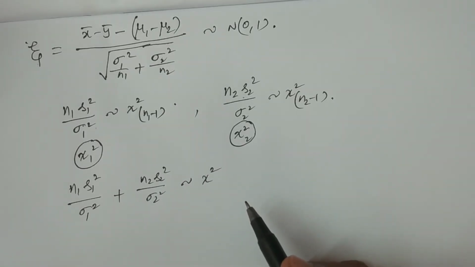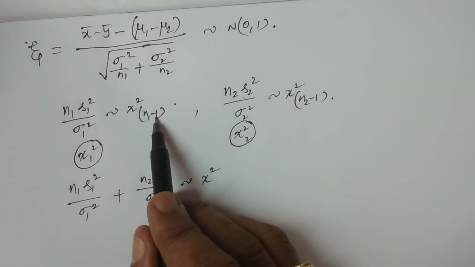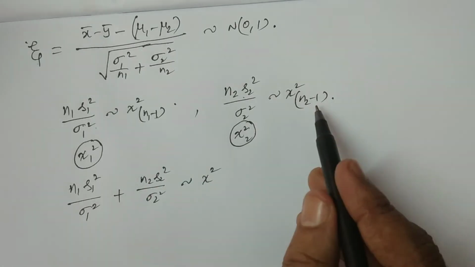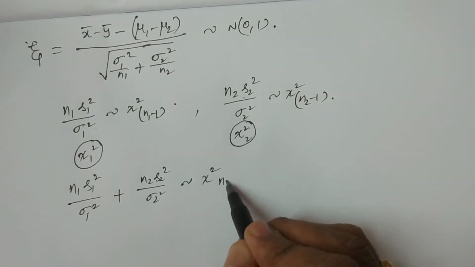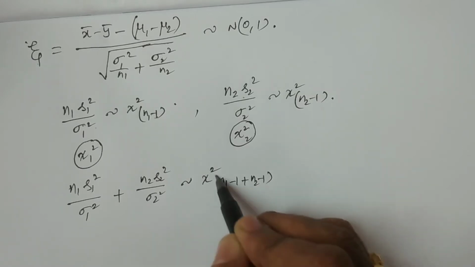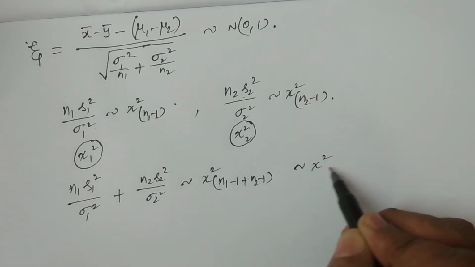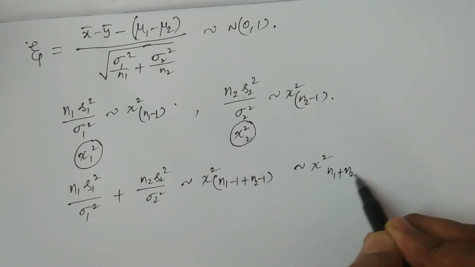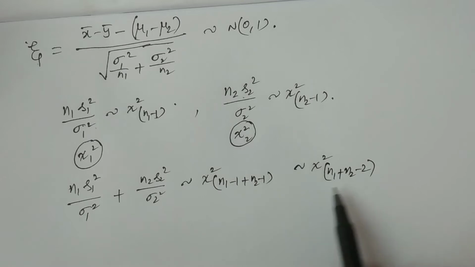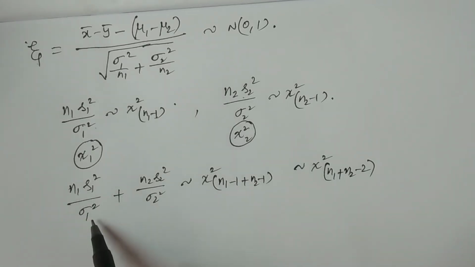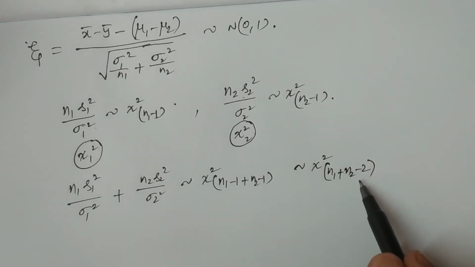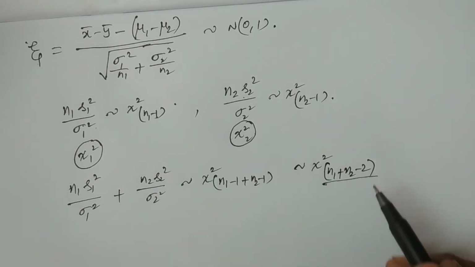This is n1 minus 1 and this is n2 minus 1, so the degrees of freedom are n1 minus 1 plus n2 minus 1, that is, n1 plus n2 minus 2 degrees of freedom.